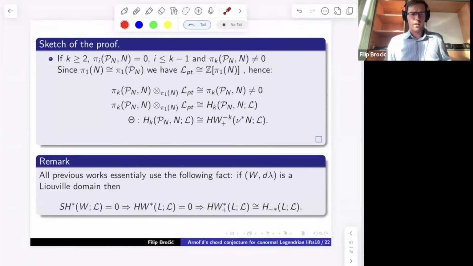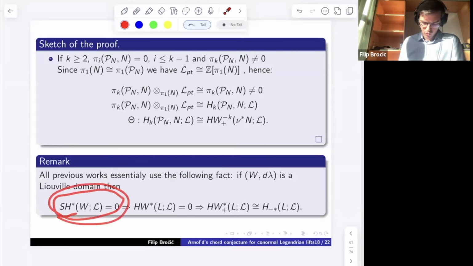And now one additional remark, which I already pointed out when I was talking about Ritter's work. Usually in the previous results, the methods were by imposing that symplectic cohomology vanishes, the total symplectic cohomology vanishes, and then using the module structure to deduce that the Reeb-Floer homology vanishes as well.